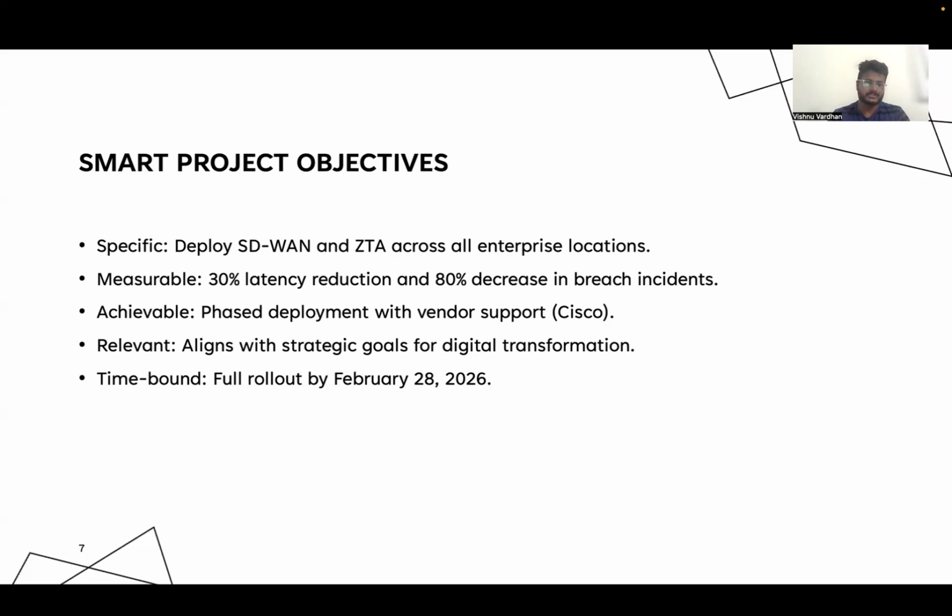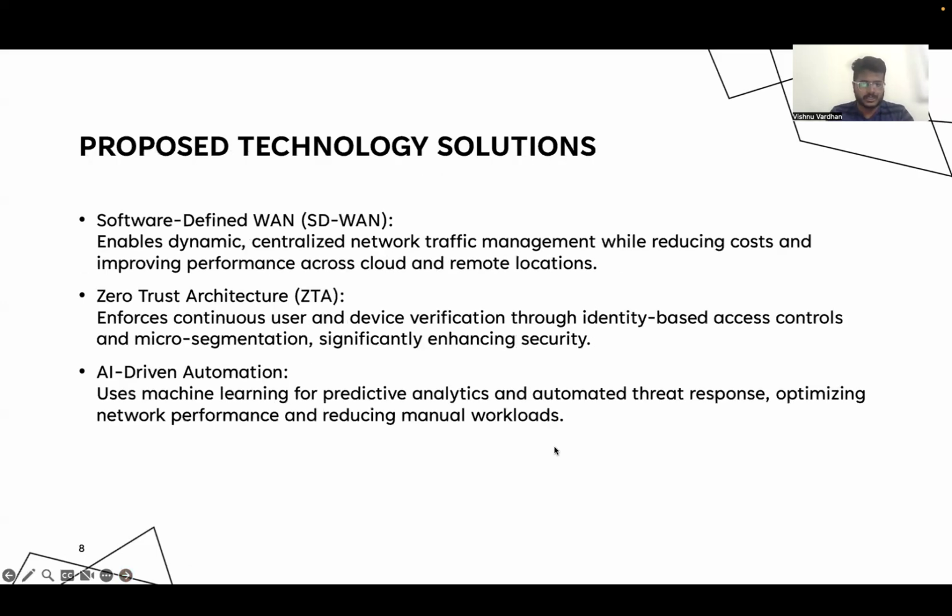Coming to the next one, proposed technology solutions. We selected three integrated technologies for this project. First, SD-WAN provides dynamic, centralized traffic management while lowering dependency on MPLS.